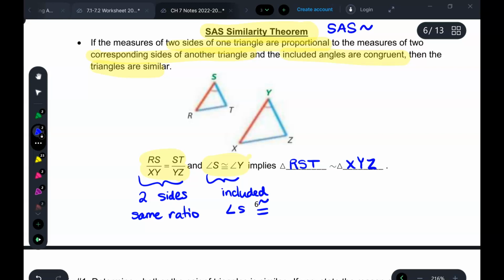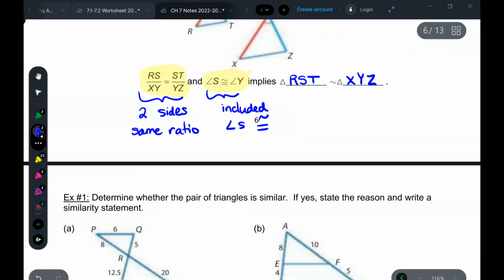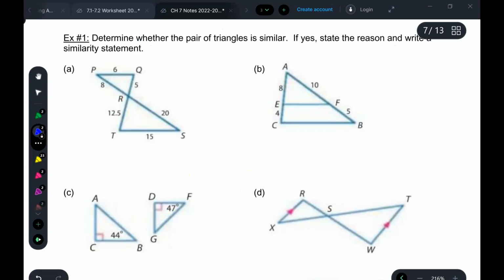You would have to show this almost with numbers, like RS over XY equals ST over YZ. You'd have to show that those two are equal to each other, and you would have to state that the angles are congruent. Then the triangles are similar by side angle side similarity. We're not doing proofs, but we are proving with numbers whether they're similar or not.